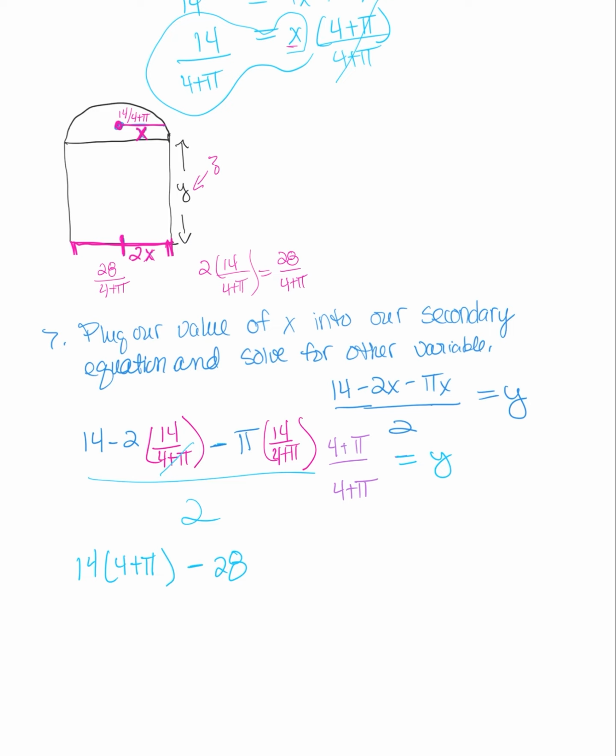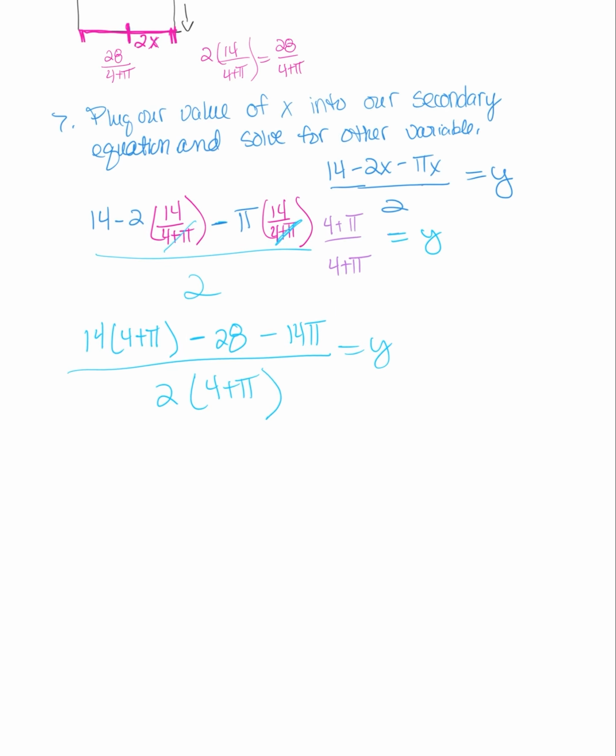Minus, well, this guy's going to cancel, and you're going to have minus 14 pi divided by, and then you have 2 over 4 plus pi, equals y. So let's go ahead and distribute here. So 14, let's divide everybody by 2. Because you see here, we can pull out a common factor of 2 up here.